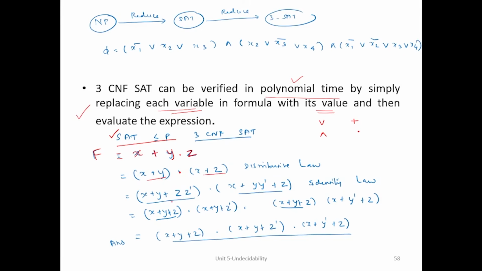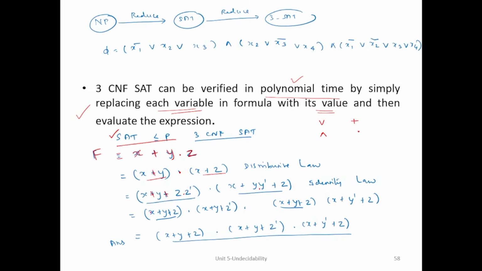I want to write it in 3 CNF format. Plus means OR, so I am writing z dot z dash. Z and its complement, if you combine those two values, the answer is 1 by using the identity law. So I can write it as x plus y plus z dash. Here the missing value is y, so I can write it as y dash.